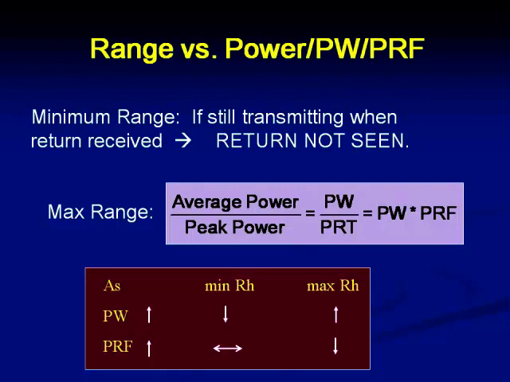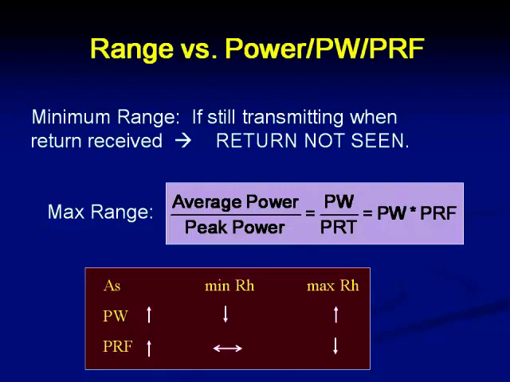To understand these things better, we have an equation as shown. That is, the range limits are decided by pulse width and pulse repetition frequency. From this equation, you can see that if the pulse width is increased, the minimum range that can be detected gets reduced, but as the energy contained is more, you can get good echoes from very far off targets, so the maximum range that can be detected will be very high.